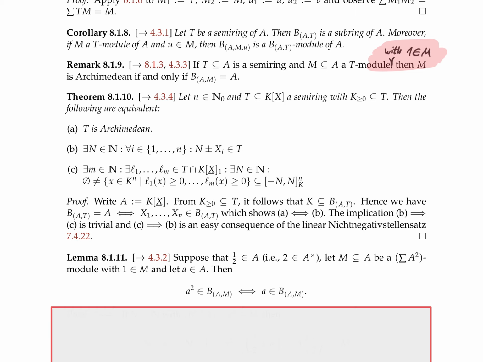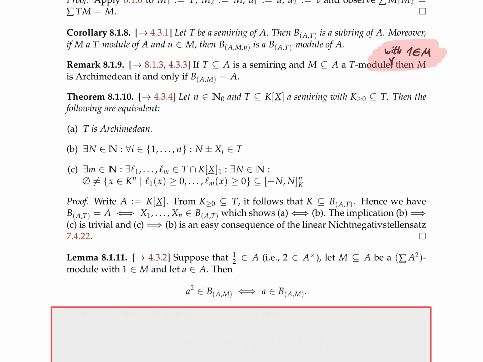I don't see any reason why it should be closed under multiplication, so even the direction from right to left does not seem trivial. But of course, maybe the main application will be going from left to right.